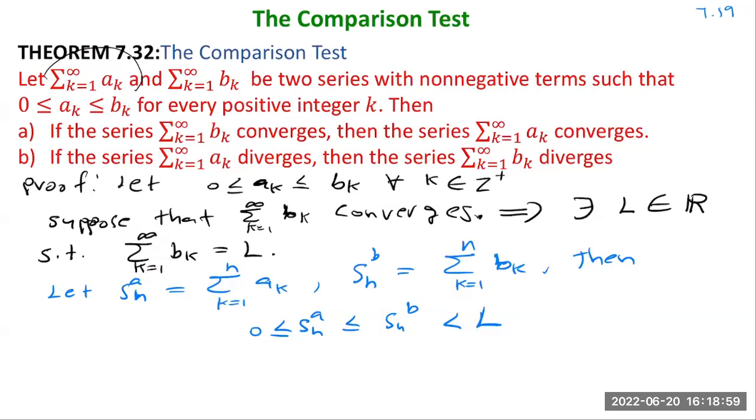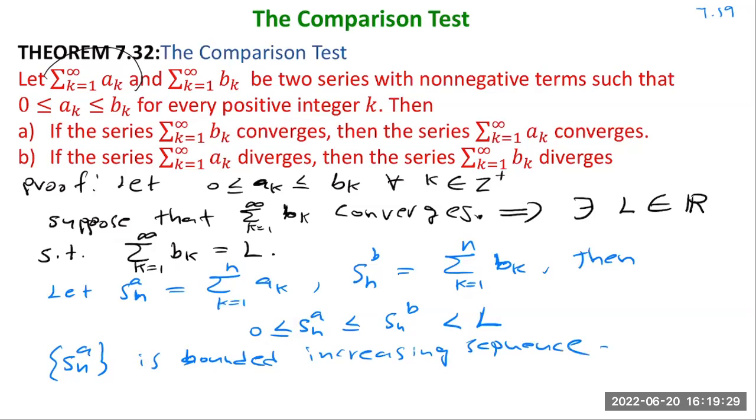Now notice that for any n, this SNA is a bounded, increasing sequence.